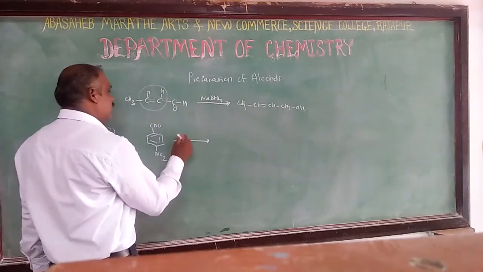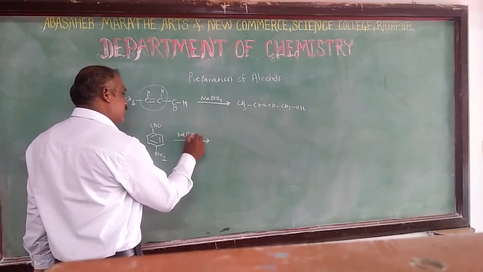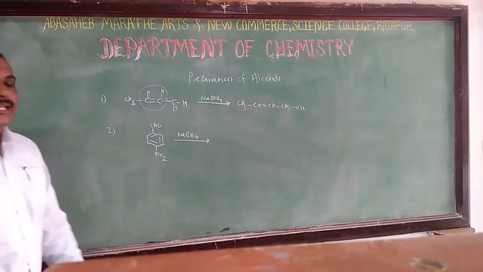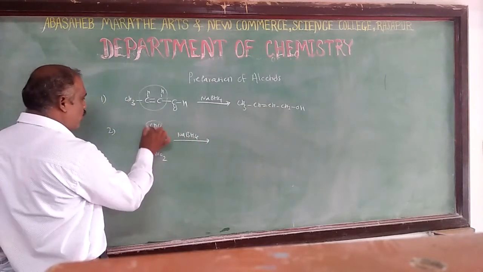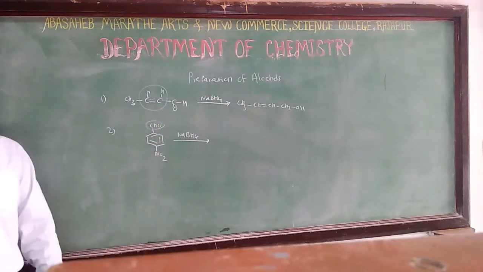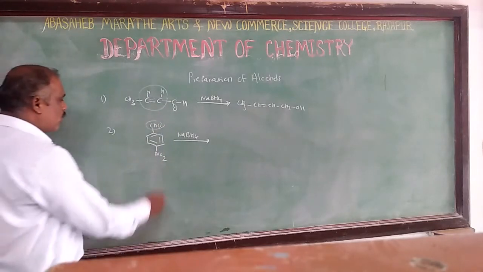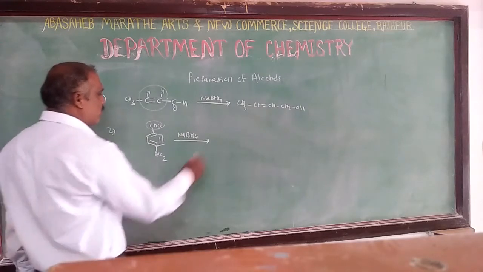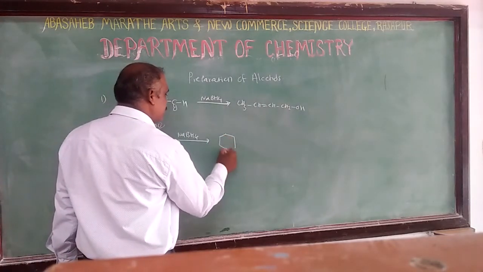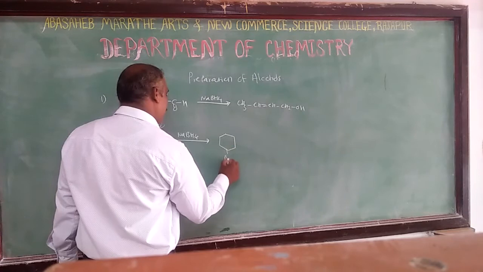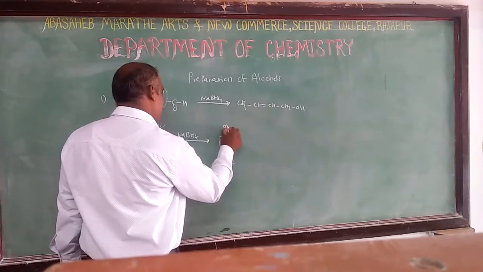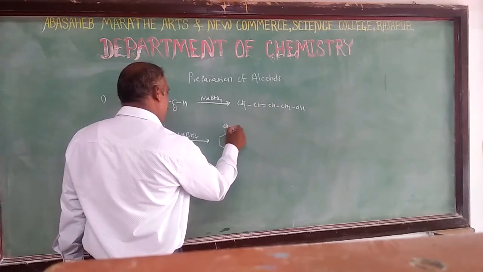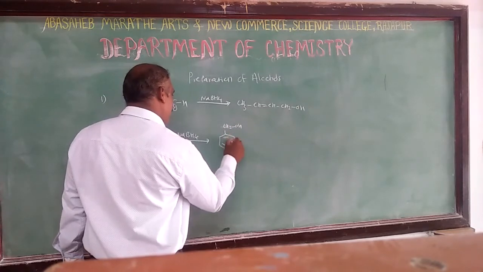By using sodium borohydride, it reduces only the aldehyde group to the corresponding alcohol, and the nitro group is not reduced. So the product is this, right.